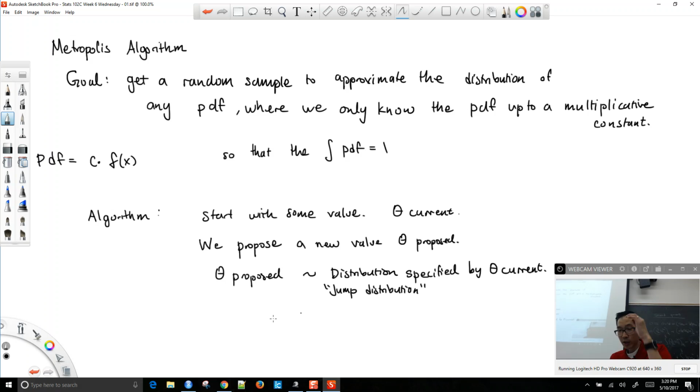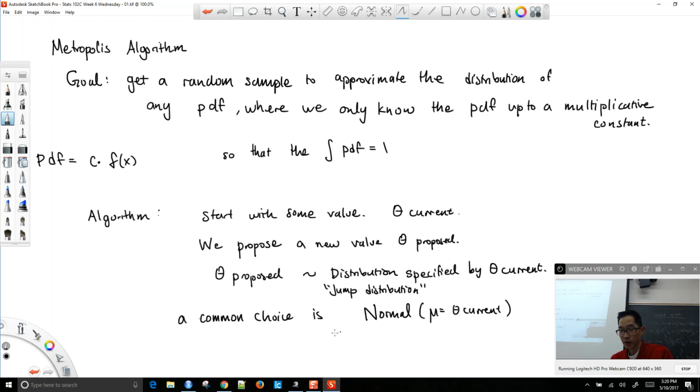A common choice for the Metropolis algorithm is the normal distribution with mu equal to theta current.